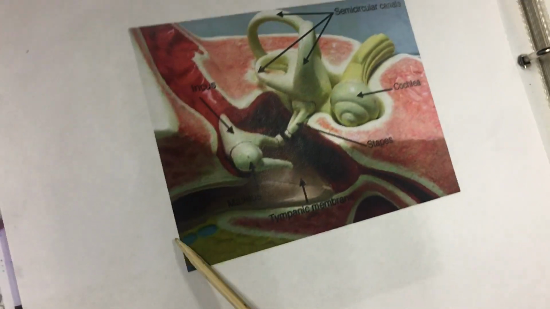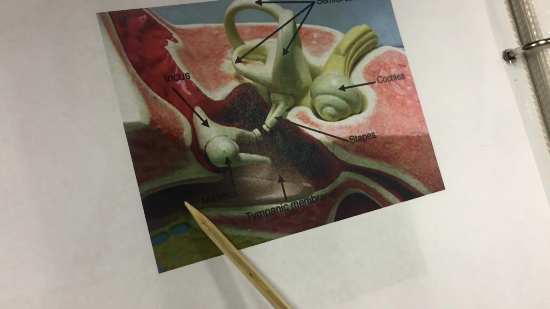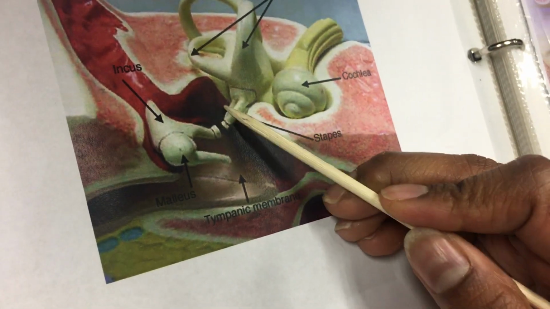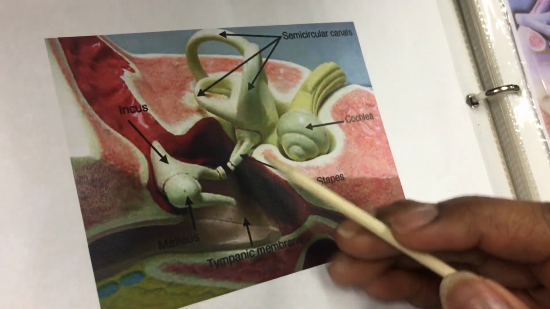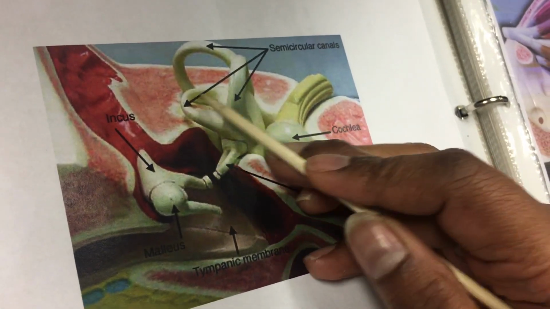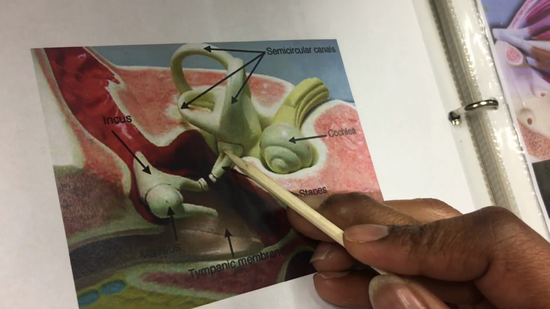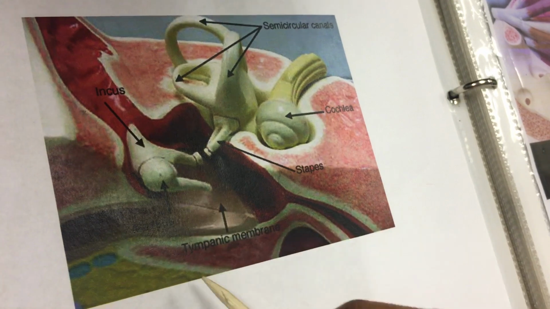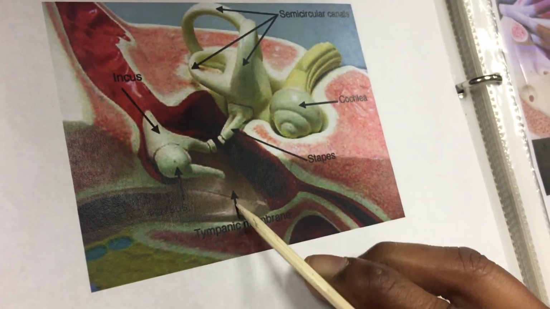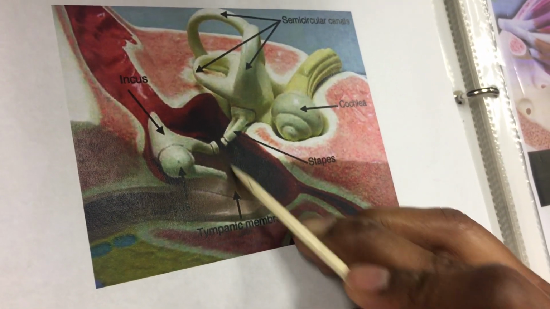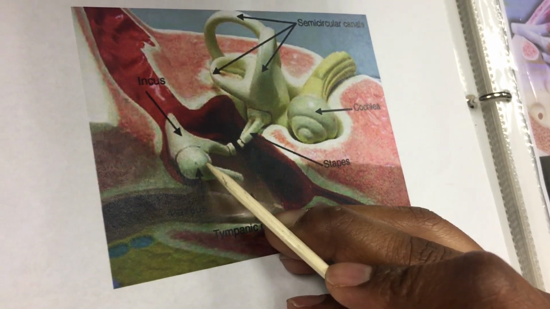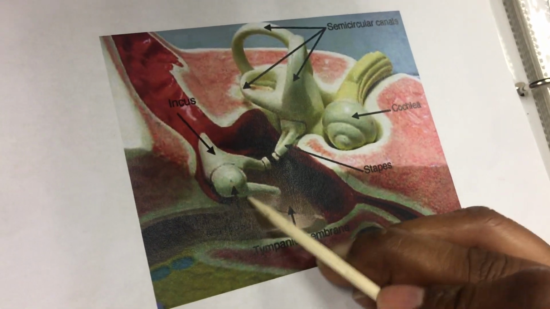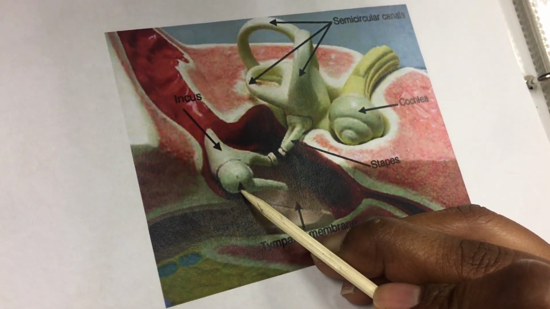So once again, internal acoustic meatus or canal, and then we have the ossicles. The one that is situated within the semicircular canal region looks like a stirrup, and that is known as the stapes. Now, we're missing the tympanic membrane right in this direction here, but this rounded ossicle here that I just outlined is known as the malleus.